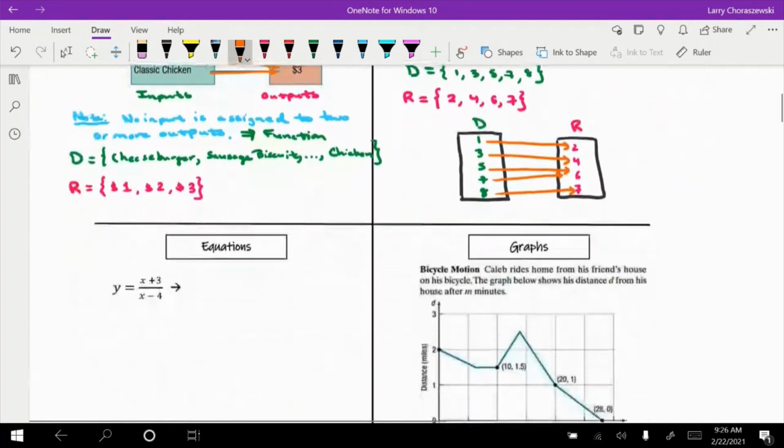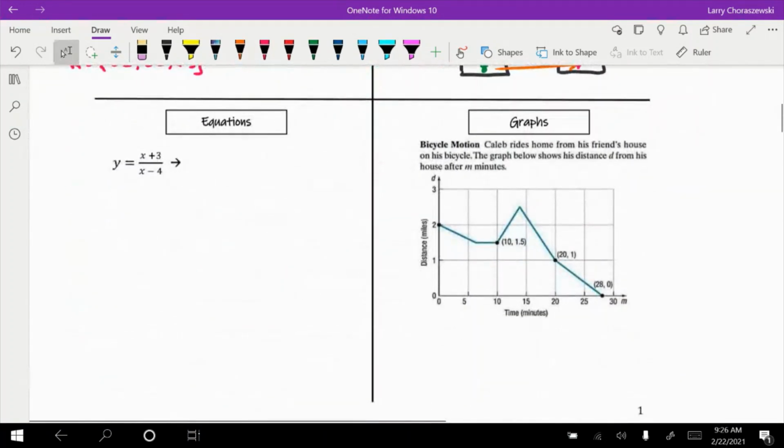Moving on. So another way that a function can be presented to you is by way of an equation. And if you're able to determine that your equation is a function, which the easiest way to do that is by something called the vertical line test, which I'm actually going to go over with the very last representation, then what we do is we swap out the variable y with a special notation.